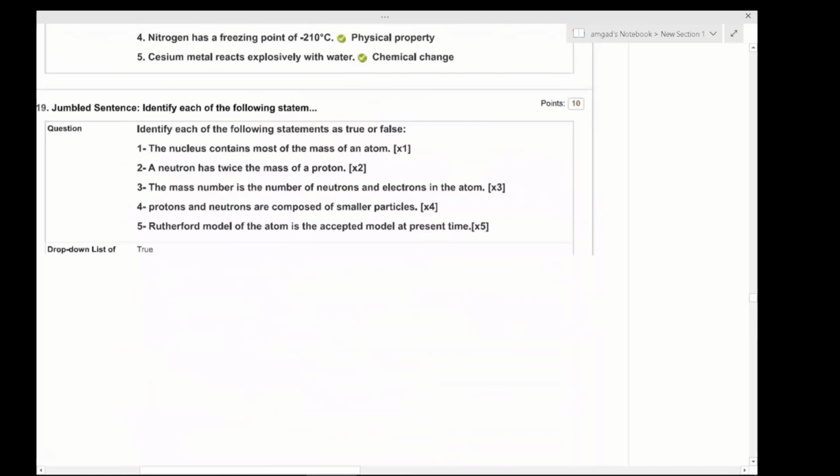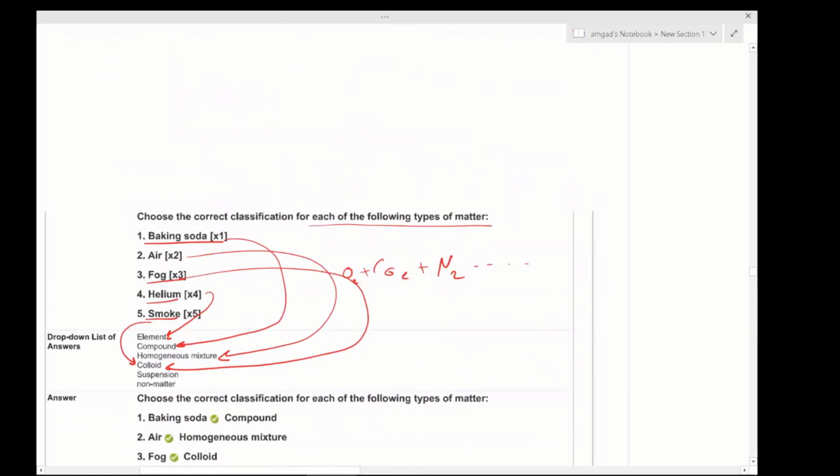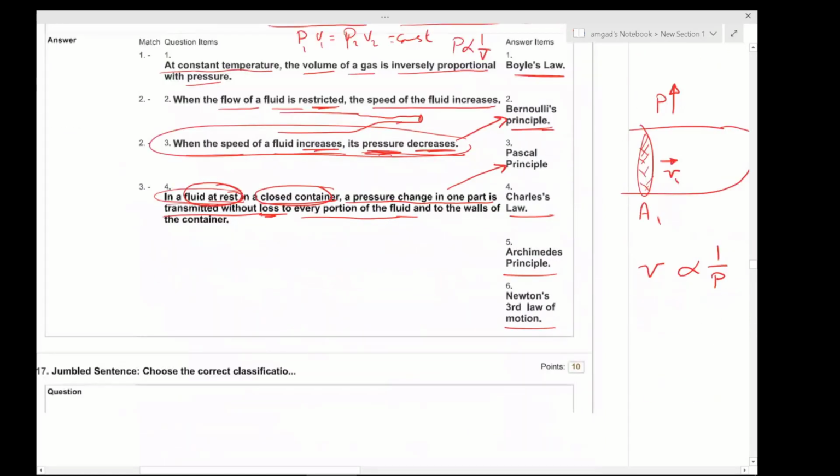You remember when we chose Bernoulli 2 times? So it could be chosen more than once, this one and this one. Yes, it happens, but you need to think about it carefully before you choose or repeat the same choice.